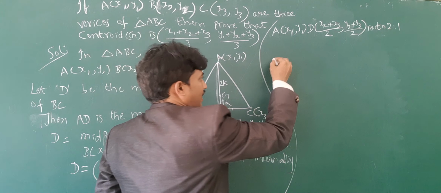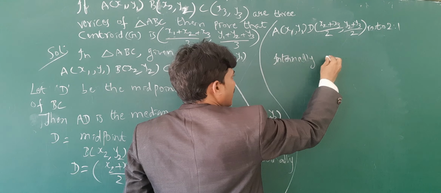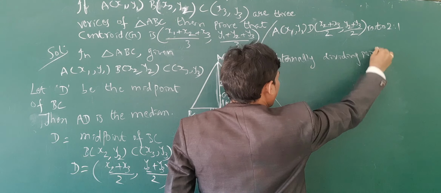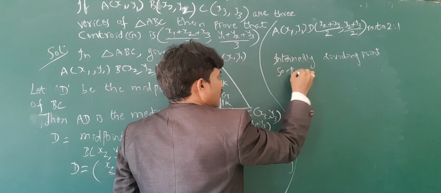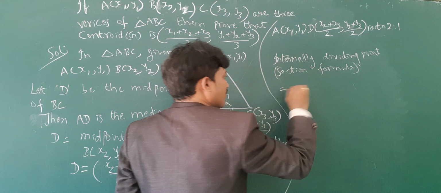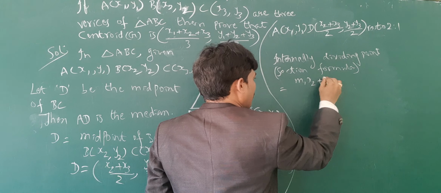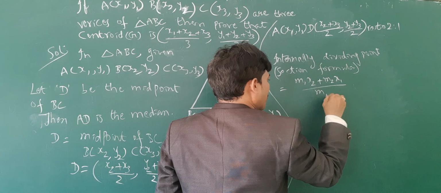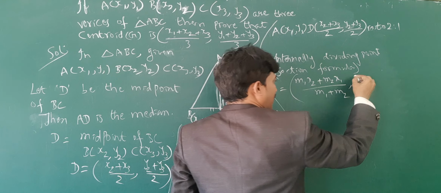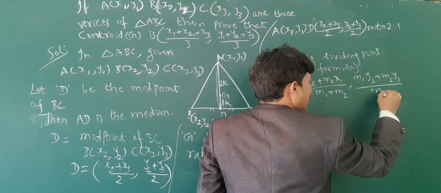We know the internally dividing point formula, simply called the section formula: (m1 x2 plus m2 x1) by (m1 plus m2), (m1 y2 plus m2 y1) by (m1 plus m2).